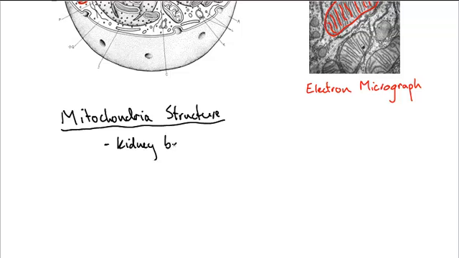Kidney bean shaped, or jelly bean if that makes you happier. Usually ranging in size from 2 to 5 micrometers. And we're going to look at our composite cell being approximately 100 micrometers across, so it's about 1/20th the diameter of the cell.